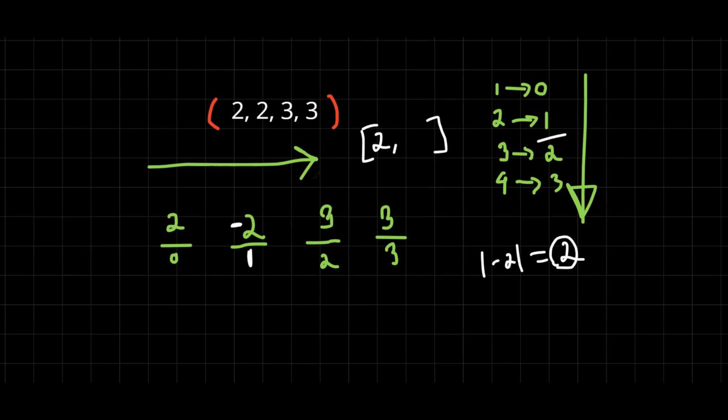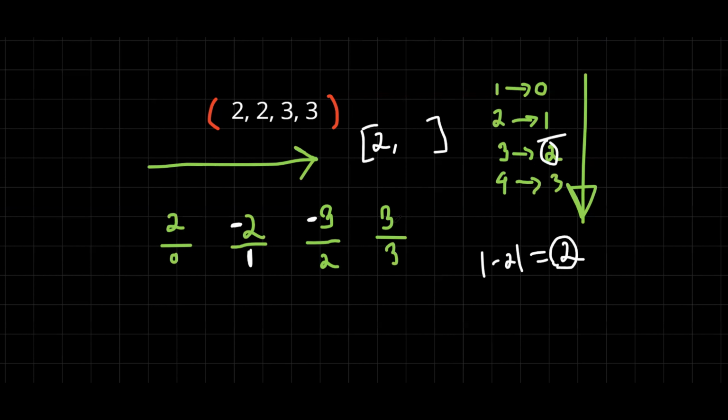Now we have this element 3. So we have to mark the index position of 3 as visited. So we are making negative the value present at index number 2. So it becomes negative.